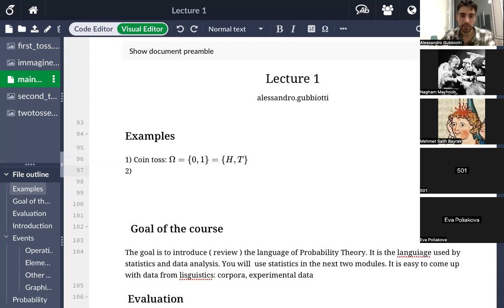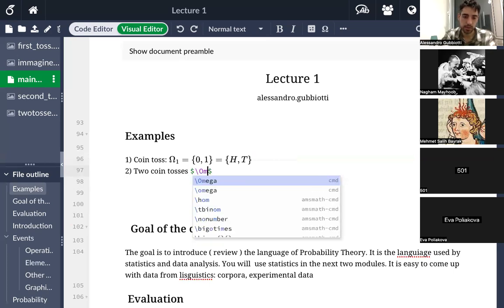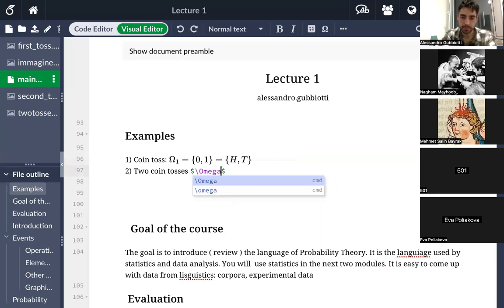Then there is the sample space of two coin tosses. So let me use this notation. Omega 1, the 1 stands for the number of tosses. So here we'll have to write omega 2. How do we write this?